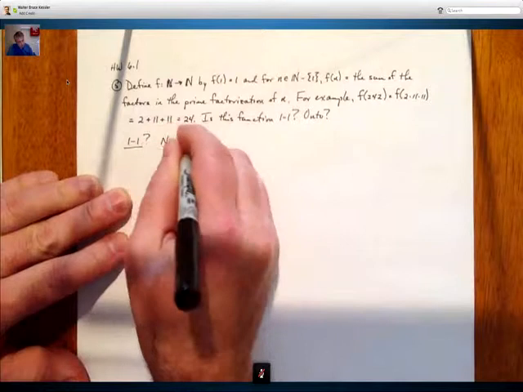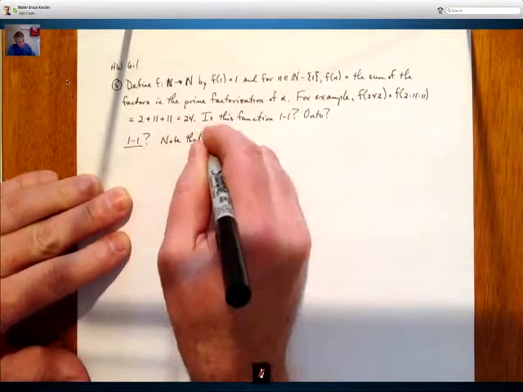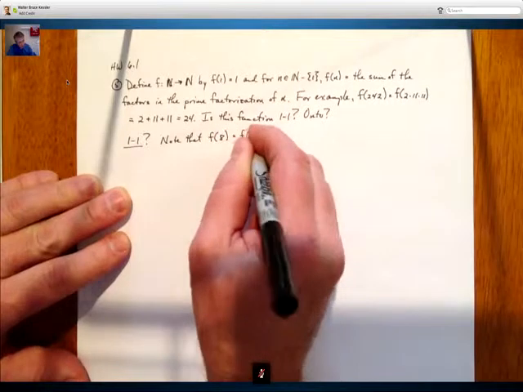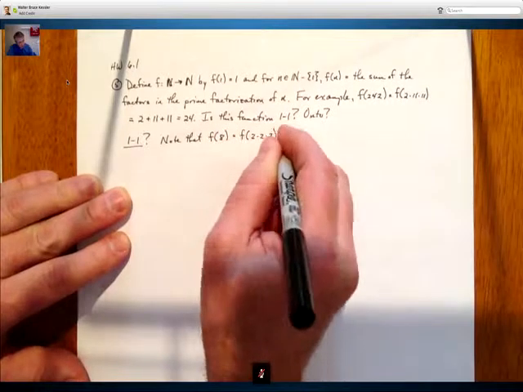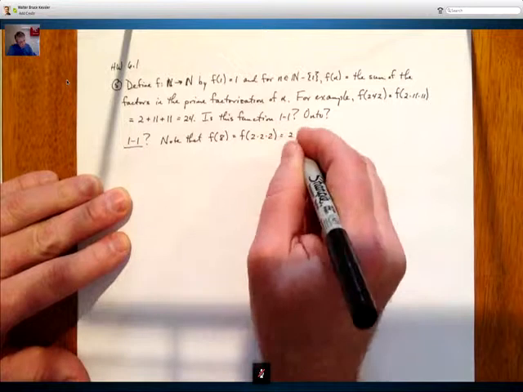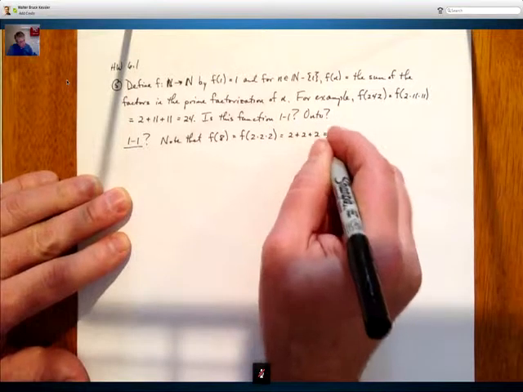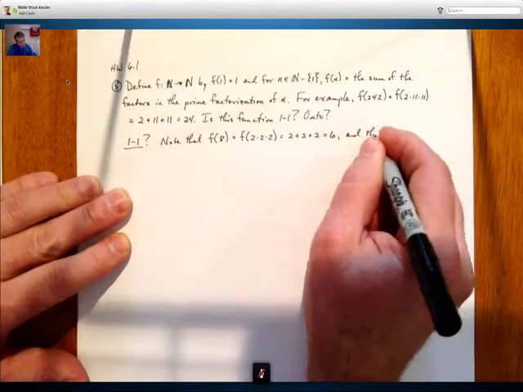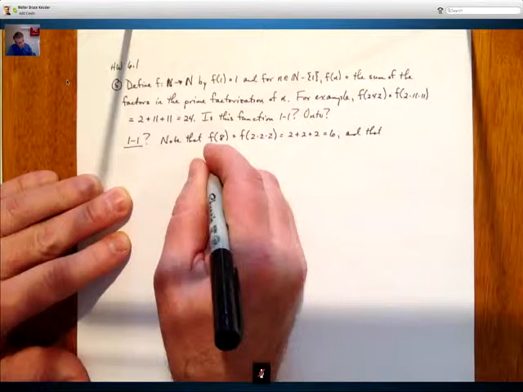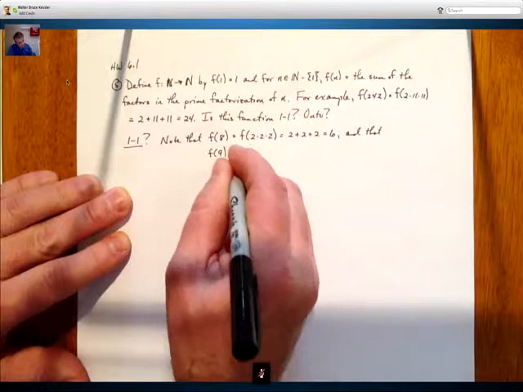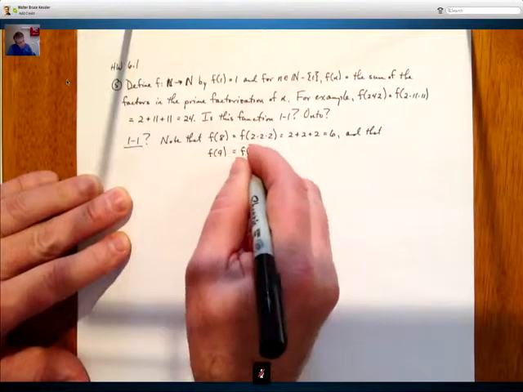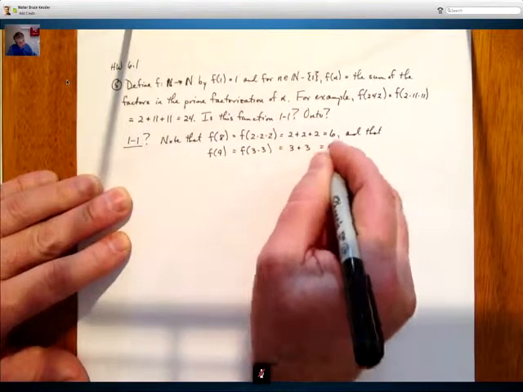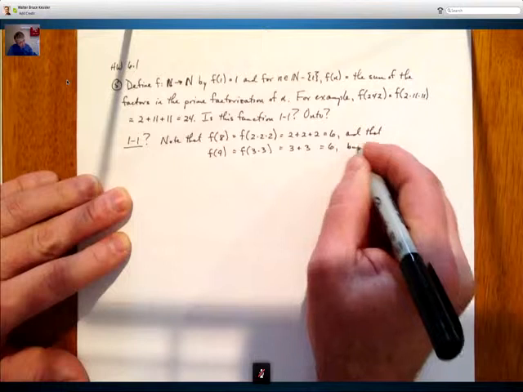is note that f of 8, which is 2 times 2 times 2, would be 2 plus 2 plus 2, which is 6, and that f of 9, which is 3 times 3, is 3 plus 3, which is 6.